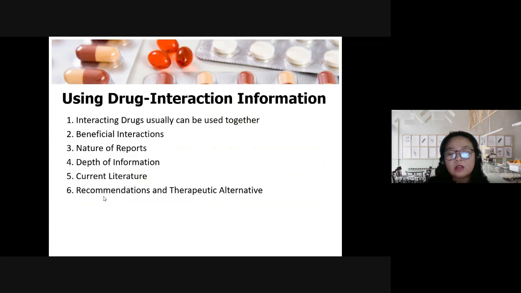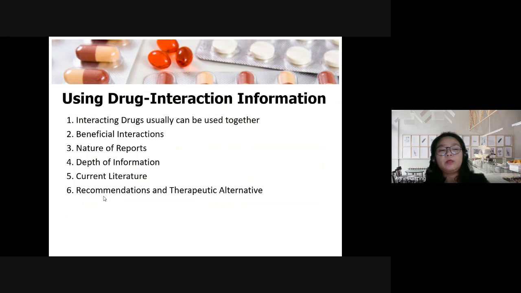If the interacting drugs class have drug-drug interaction, possible remedy is kapag yung absorption yung affected, okay, possible na lagyan mo muna sila ng time interval. However, in some instances when the metabolism is the one that is being affected, ang gagawin is dosage adjustment. Okay, and then beneficial interactions. Yes, there are beneficial interactions.